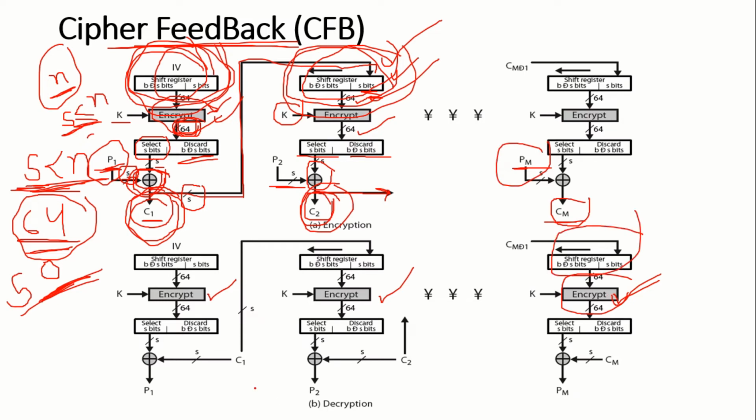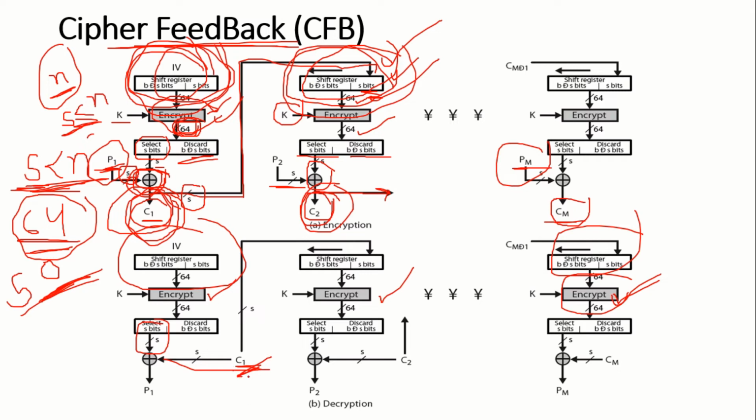So at the decrypting end as well, we'll be having this initialization vector. The process will be the same, but this C1 which we have generated over here will be XORed with this output, which we have got after the encryption operation, and from which we have considered the s bits and discarded the other bits, because C1 is also s bits long.